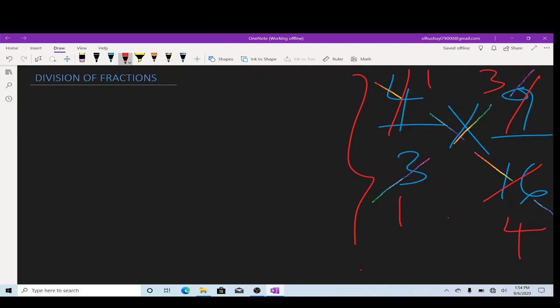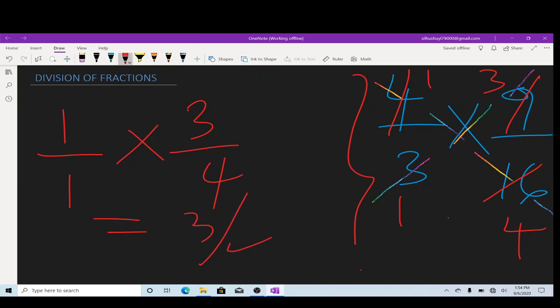The same thing for 1 and 4. So we are having 1 over 1 times 3 over 4, and that eventually becomes 3 over 4. I'm sure you have gotten that.